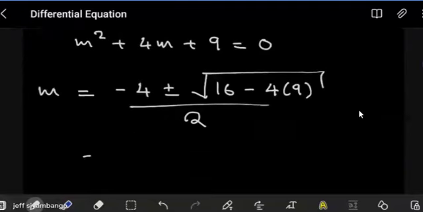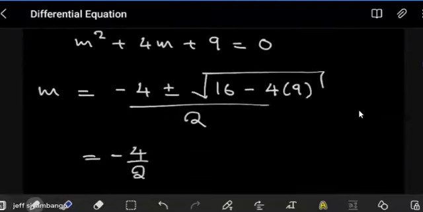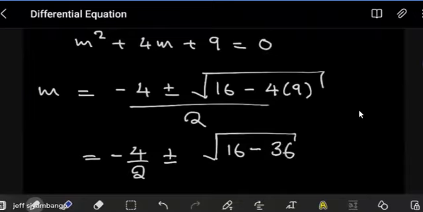So I'm looking at negative 4 over 2, plus or minus, and then that is root of 16 minus 4 times 9. That sounds like a 36, is it? A 36. And then this also has to be over 2.